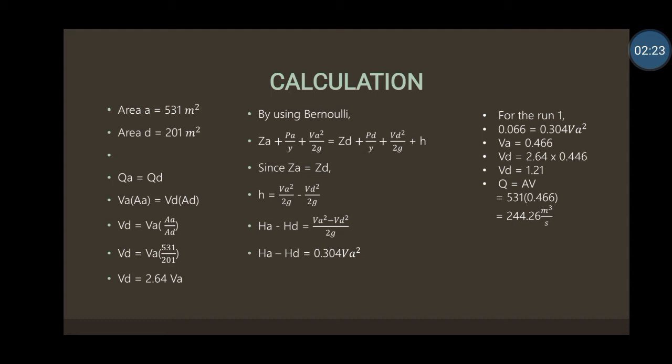So VD equals 2.64 multiply 0.466, so VD equals 1.21. To find the fluid flow rate, Q equals AV. At point A, we got the fluid flow rate 531 multiply 0.466 equals 244.26 meter cubic over second. Thank you.